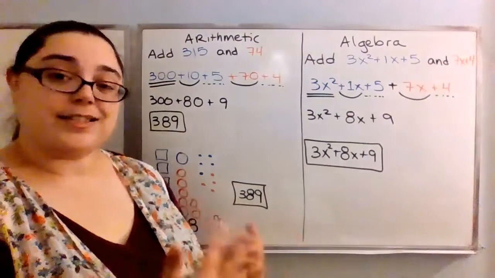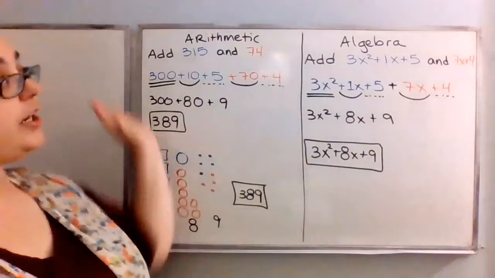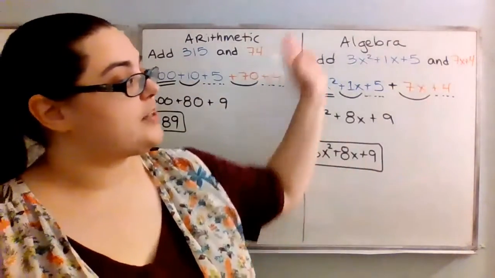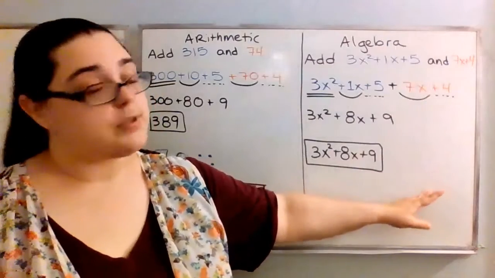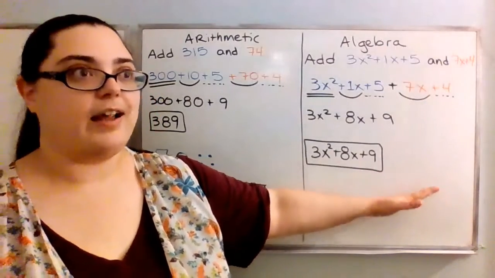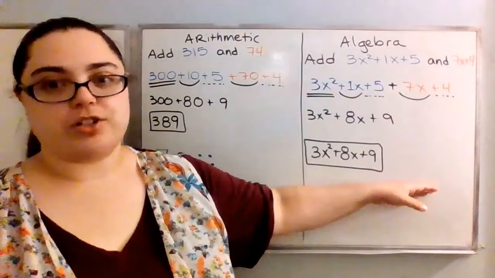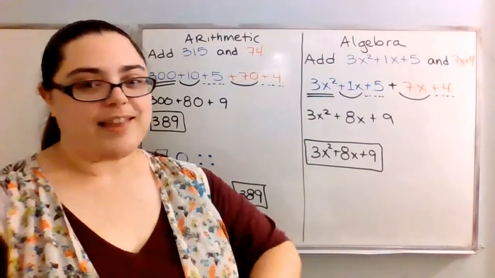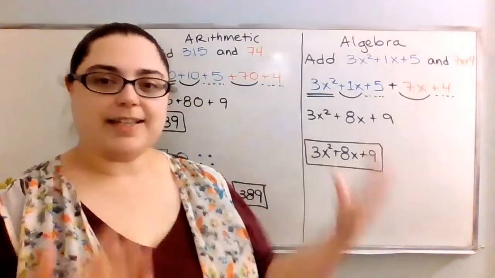But hopefully you can see the parallel that's going on here. Understanding this addition process for arithmetic is going to help with adding like terms, or simplifying, or adding algebraic expressions together when you get to an algebra course. So that's where I'm going to stop this one. Just a little peek into the future.